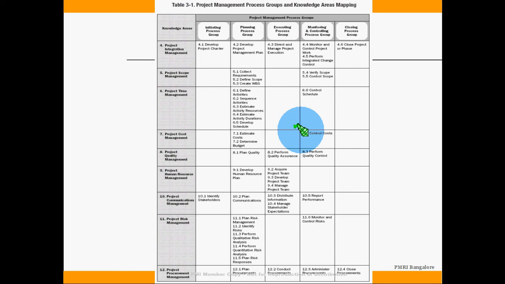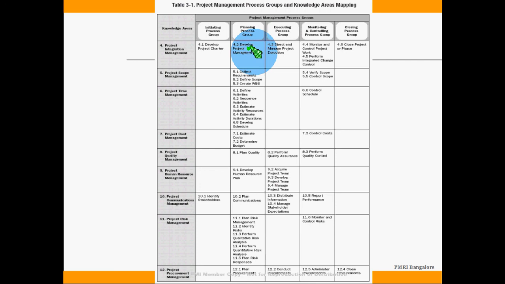Like during initiation, a project sponsor develops a project charter and a project manager is identified, which gives authority to the project manager. The next step the sponsor does is prepare a stakeholder register, identify the stakeholders and prioritize them. The project charter, along with the stakeholder register, becomes the input for the planning phase, which is performed by the project manager.